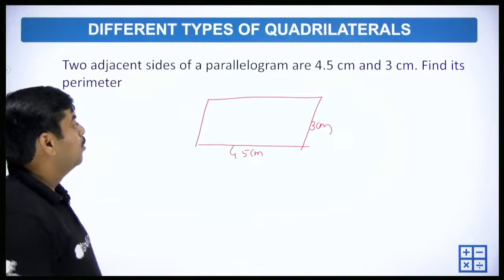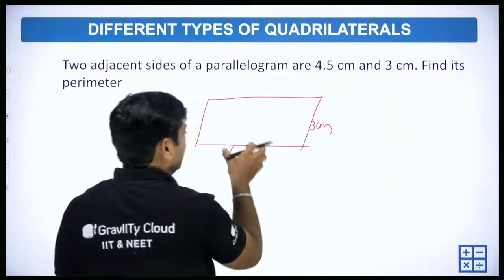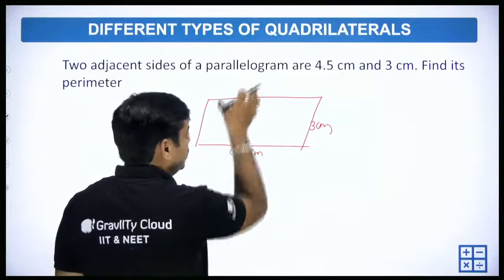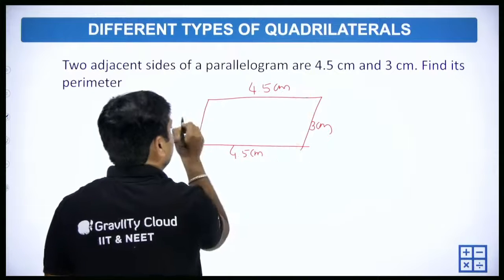Now one side is 4.5, the other side is 3 centimeters. In a parallelogram, opposite sides are equal, so this is again 4.5 centimeters and this is again 3 centimeters.